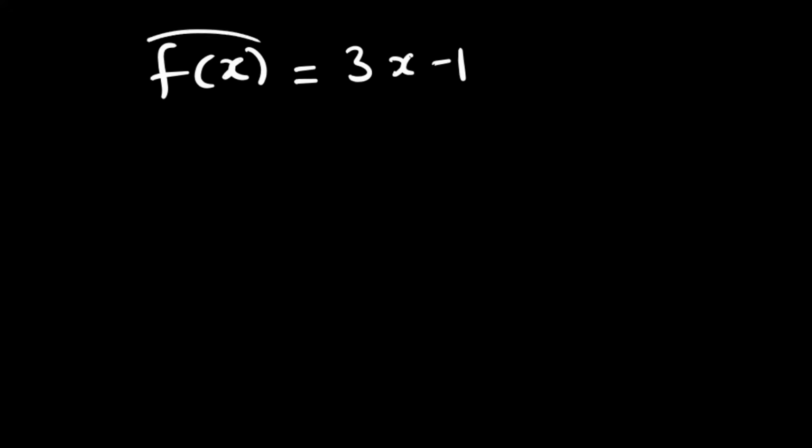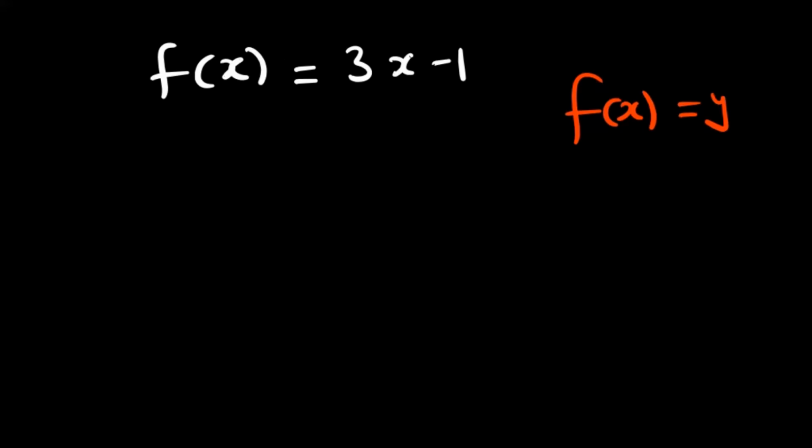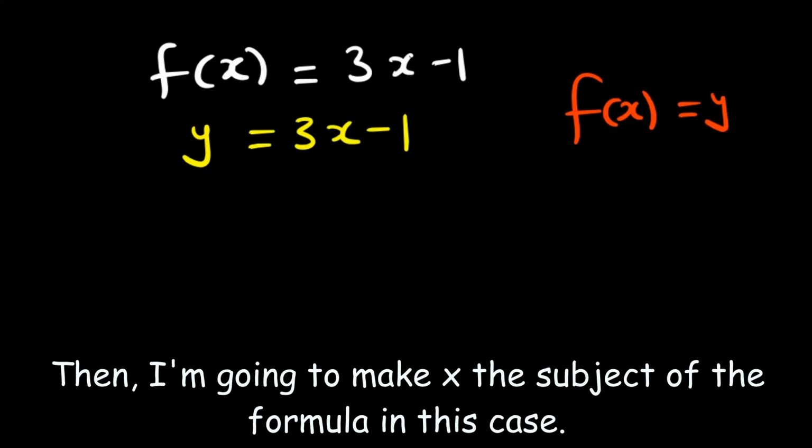You know that f of x is the same as y, right? I'm saying f of x is just the same as the y values. So in this case, for me to find the inverse, I'm going to put y here. So y will be equal to 3x minus 1. Then I'm going to make x the subject of the formula in this case.